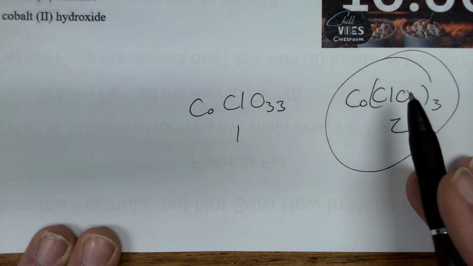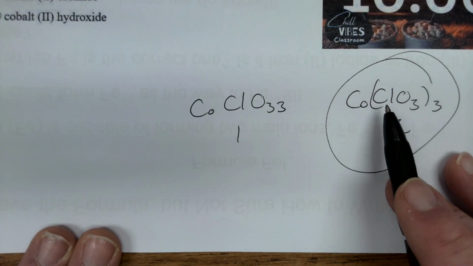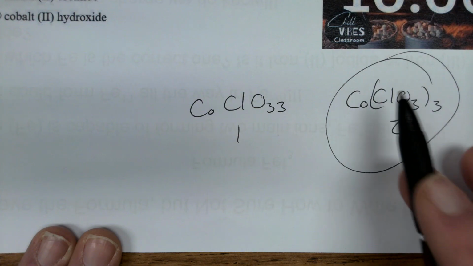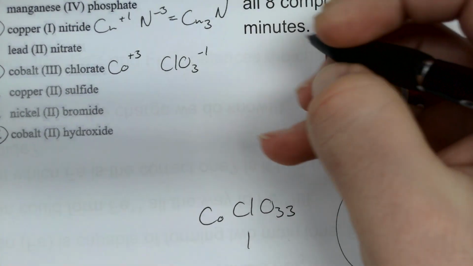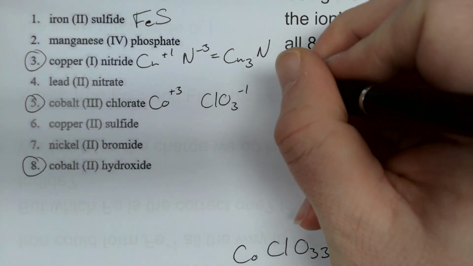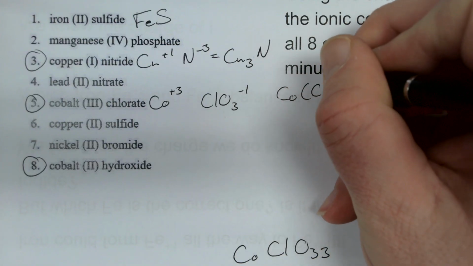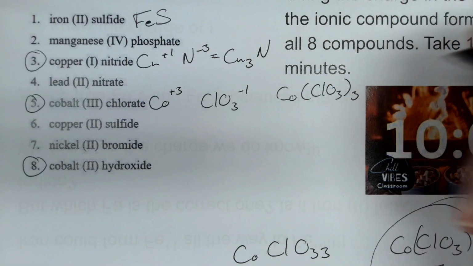Down here, I'm saying that there's 3 chlorates. The polyatomic ions are treated as one thing. That's why we put those plural numbers in parentheses. So if I'm looking at 5, it's Co(ClO3)3.